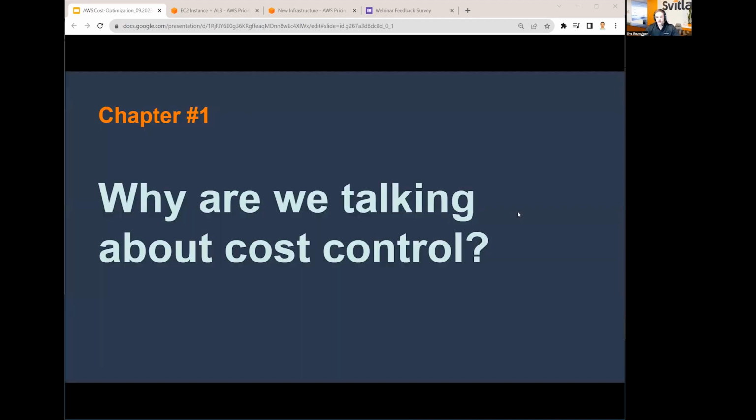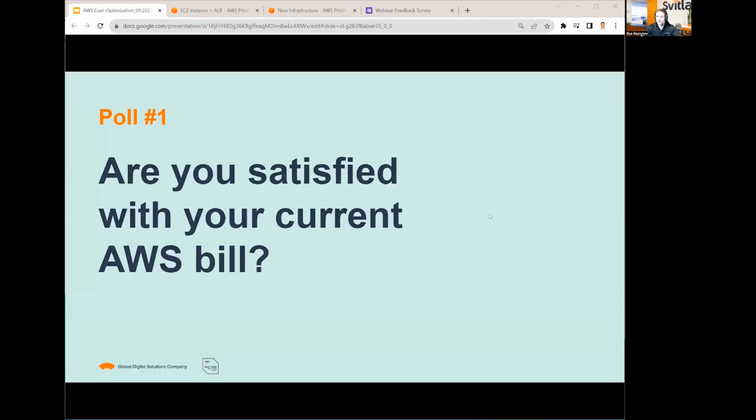Probably the first question we should ask is why we are talking about cost control, why we should speak about that. So let us ask you to fill in and answer the poll. Are you satisfied with your current AWS bill? Honestly speaking, satisfied is quite an interesting word because it depends on the size of your company and on your company goals.